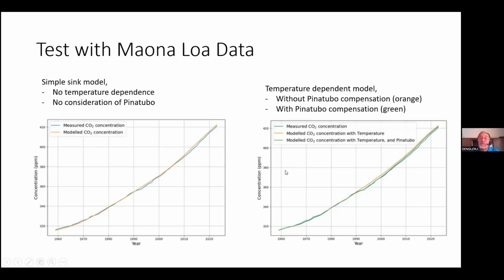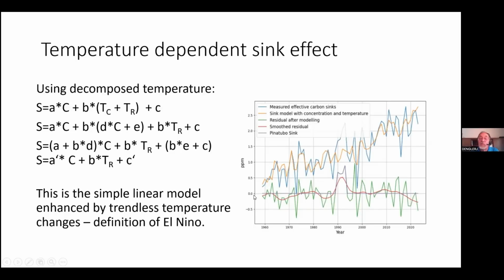And if we go back here, we see that after fitting the temperature part also to the sink effect, quite a bit of the wiggles are explained by temperature, but there is one big deviation around 1990 which cannot be explained by temperature.